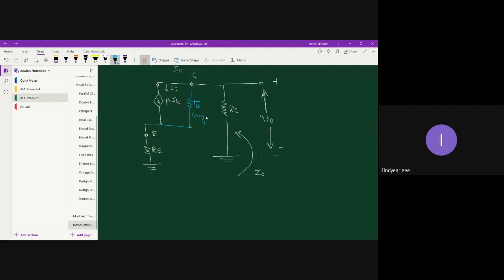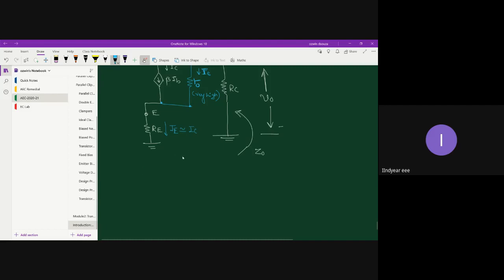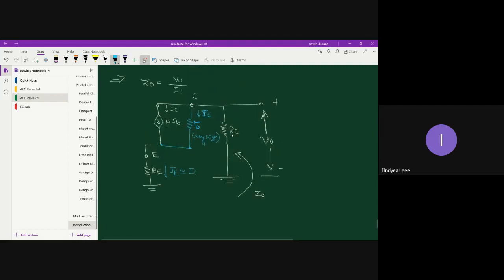Now, through R0, part of IC flows, let's say IC, and through RE, the emitter current IE flows. But this emitter current IE, you can say that it is equal to IC itself.